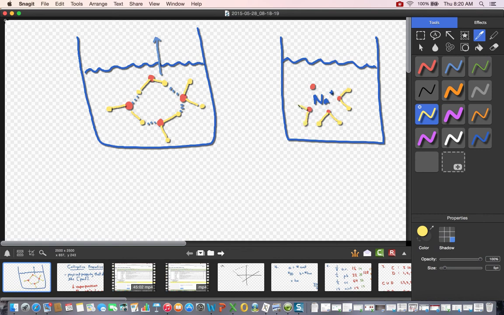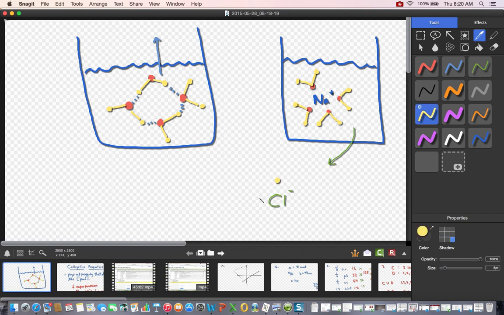So not only do I need to break the IMFs between the water molecules themselves, I have the additional burden of breaking them between the water molecules and the Na plus, or the water molecules in a different orientation when they are solvating Cl minus. So I'll just emphasize that right here.